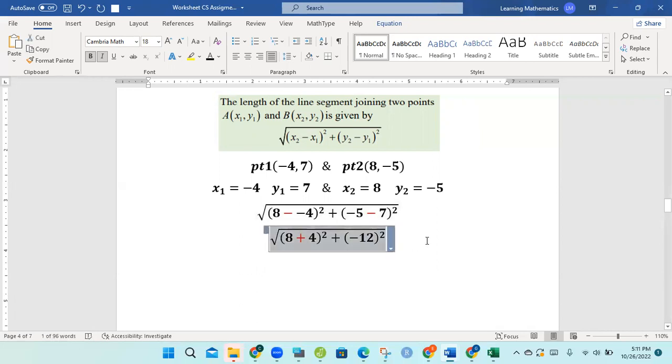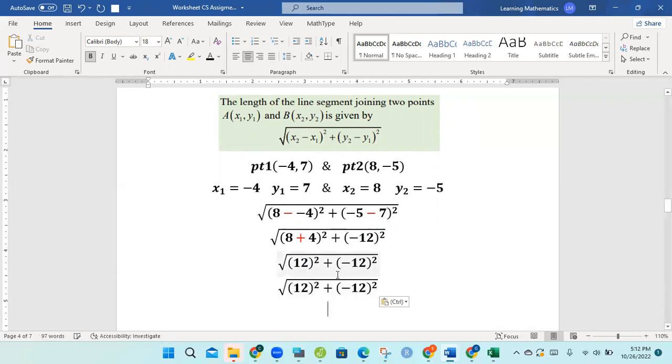So now 8 plus 4 is actually 12, coincidentally. And then 12 times 12 is 144. And a negative times a negative is a positive.